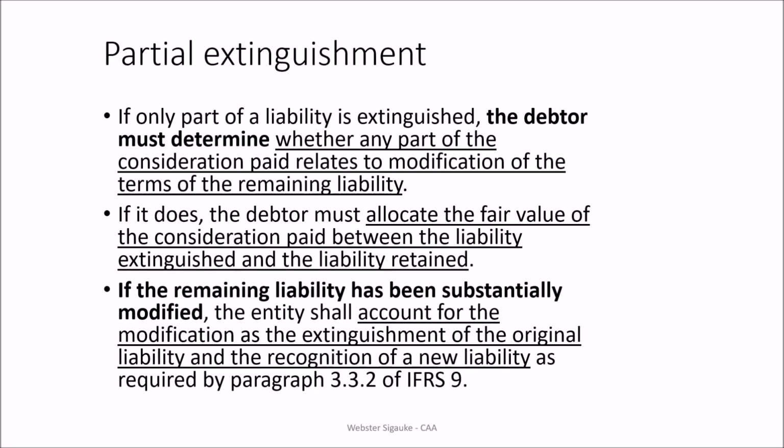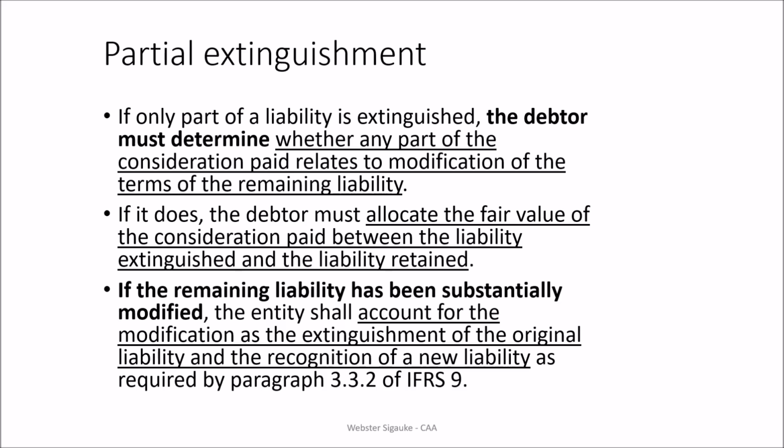So what happens where there's a partial extinguishment? If only part of the liability is extinguished, the debtor must determine whether any part of the consideration relates to a modification. And remember, we said if it's a modification, you're not worried about it. You just need to be at an awareness level, which means that extinguishment that relates partially to a modification is not part of your scope.